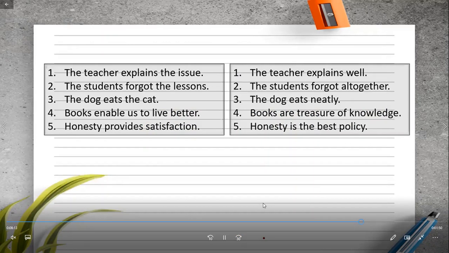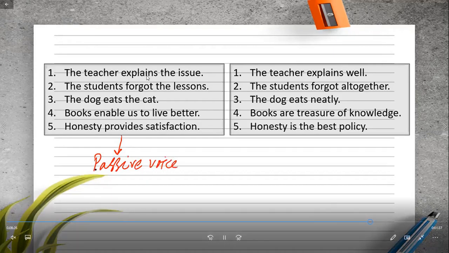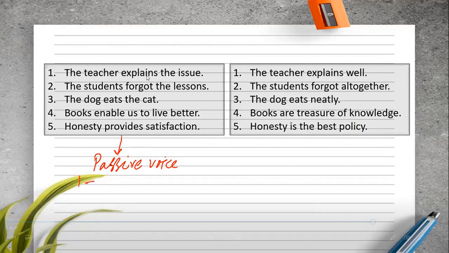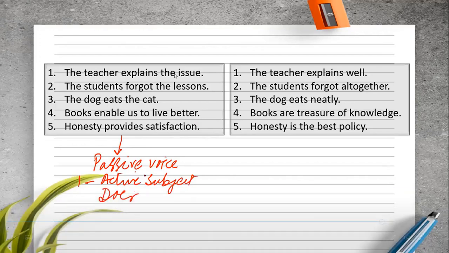Now moving ahead, these sentences have active subjects and the verb in its transitive form, because there is an object which completes the verb.